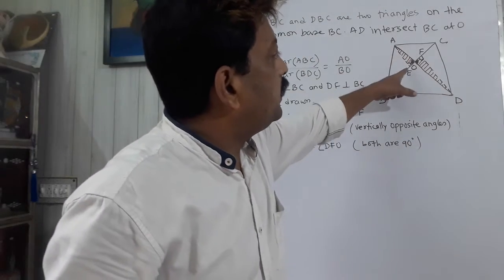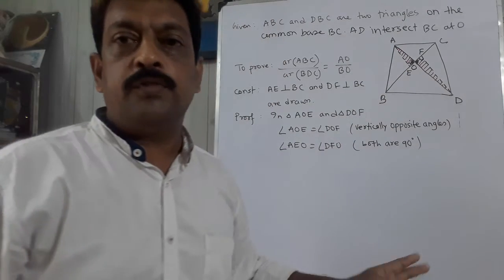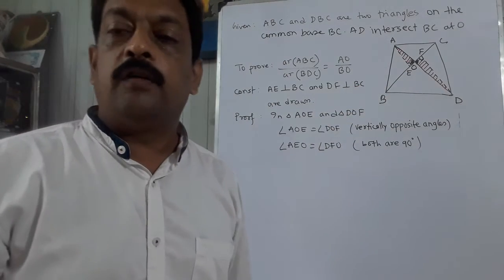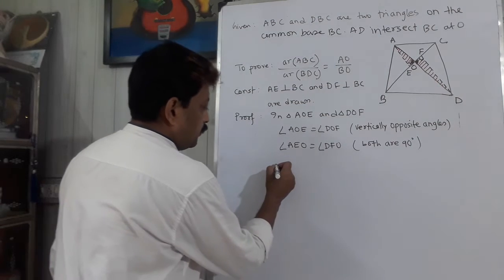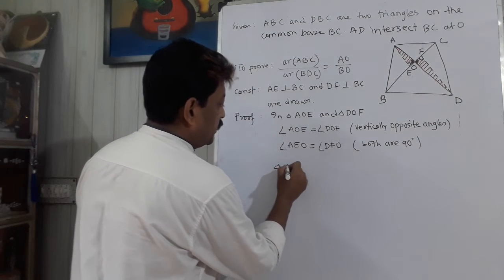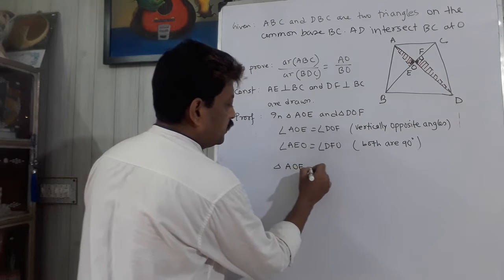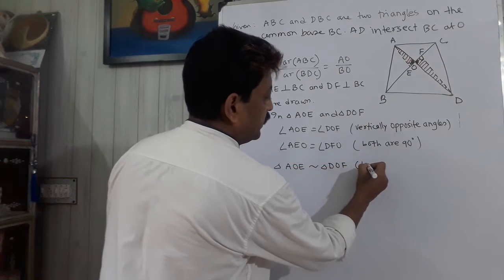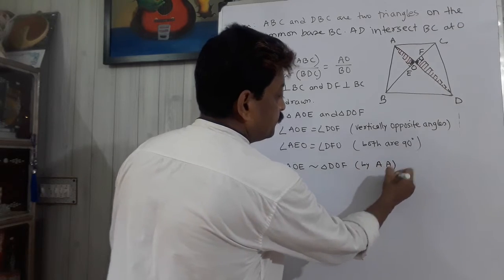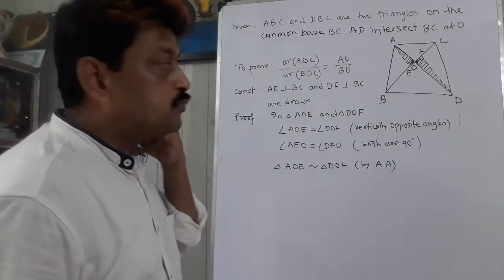AE and DF are perpendicular on BC, therefore the angles formed will be right angles. Therefore triangle AOE is similar to triangle DOF by AA. By angle similarity, these two triangles are similar.